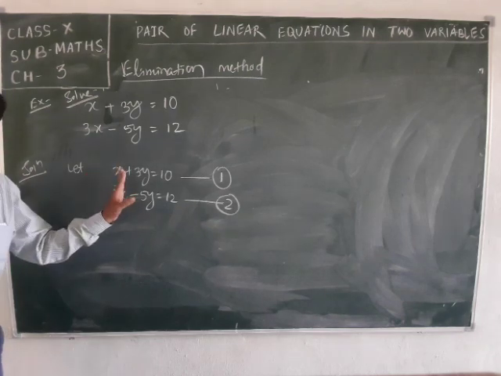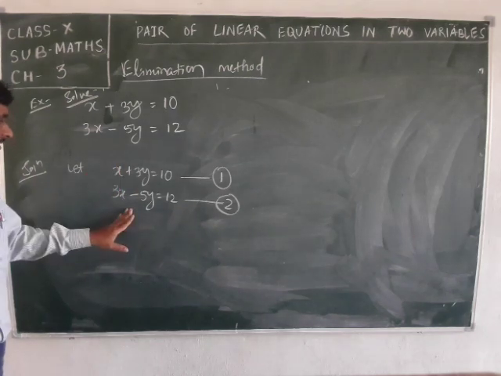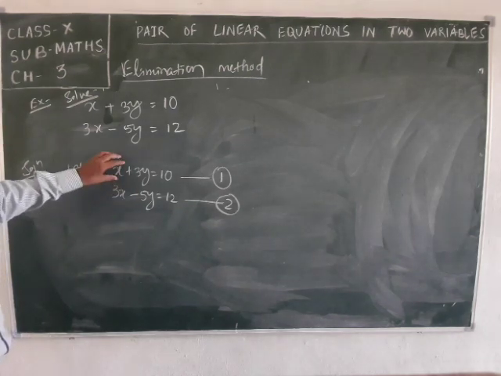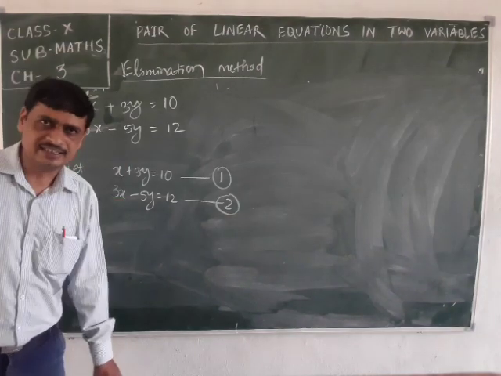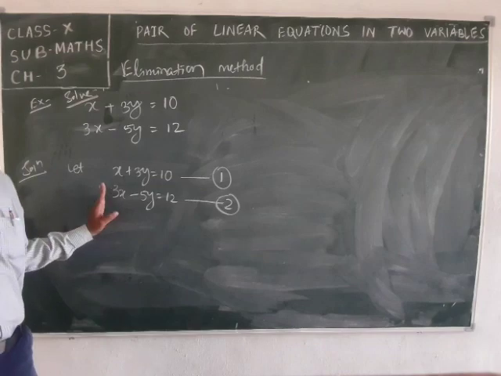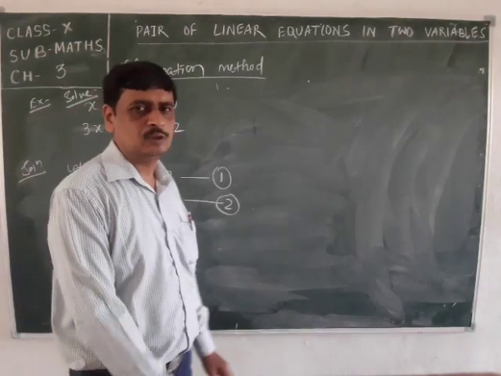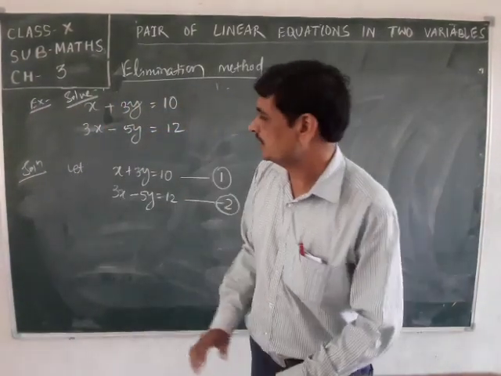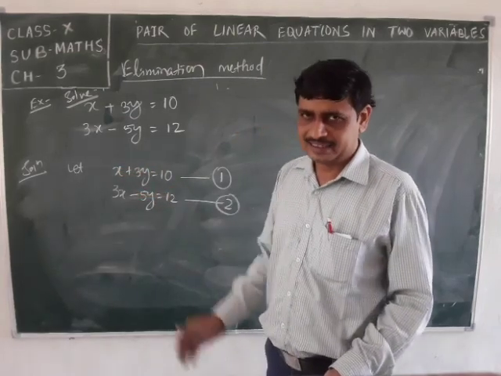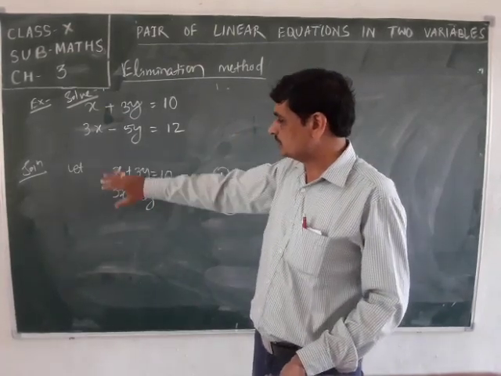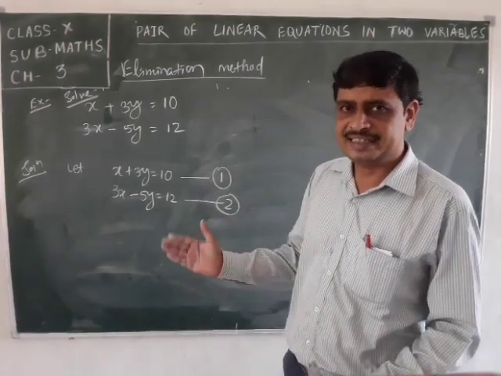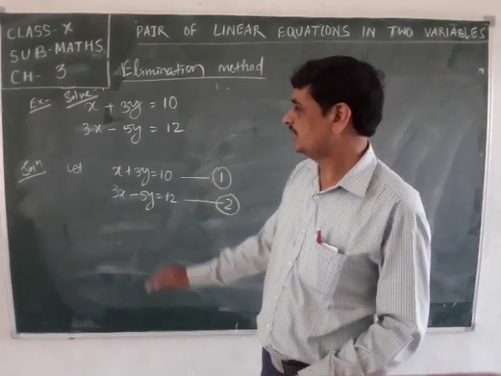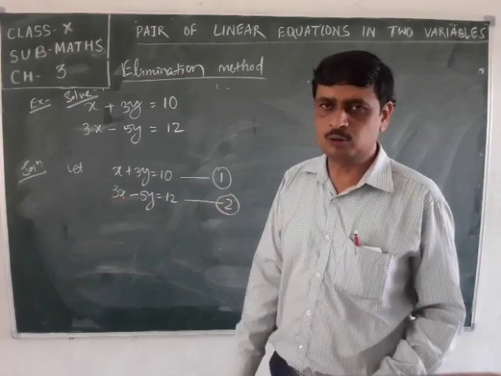If you want to remove x, then we have to remove the terms which contain the variable x, and terms can be removed by subtracting the equations. If we subtract the equations which contain the same coefficient, then the terms will be removed.